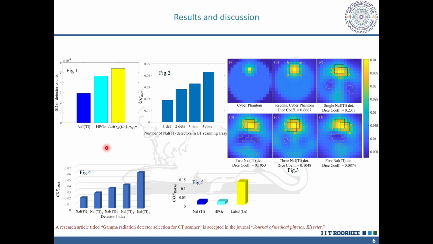So among 5 detectors, which one will we utilize? We carry out a CT experiment using every single unit of sodium iodide detectors to calculate their inherent noise present in the measurement data. This figure gives the inherent noise present in the data detected by each unit of sodium iodide detectors.